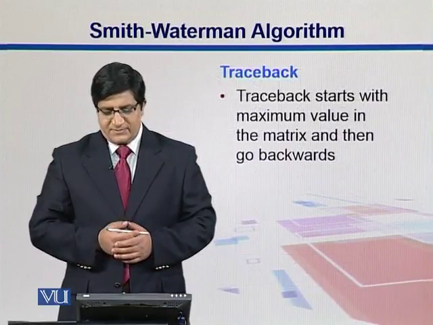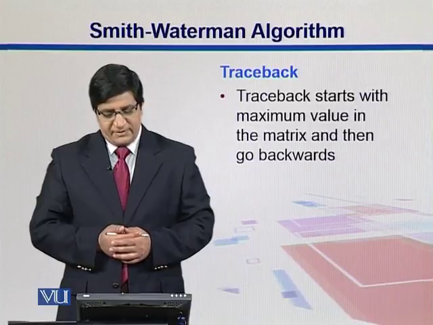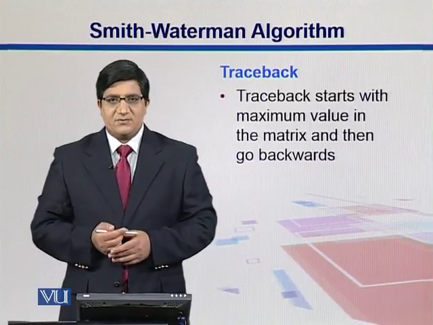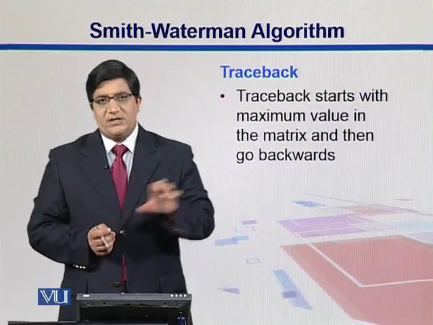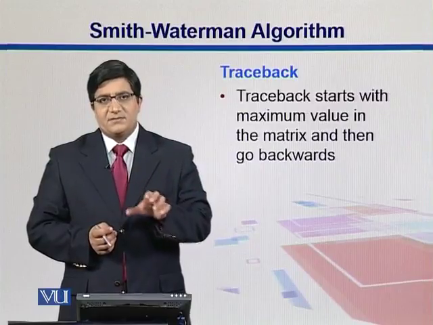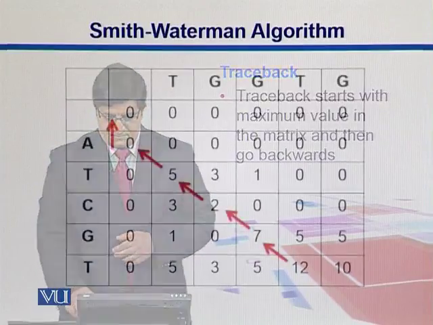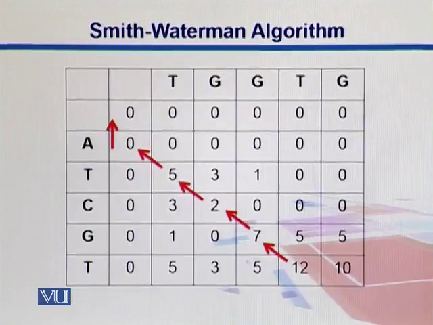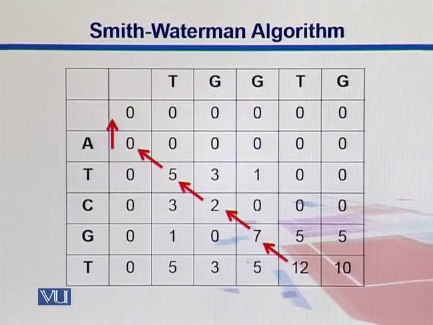Here the traceback starts from the maximum value in the matrix, and then we move backwards. In this way we will have some local section that has been aligned. The traceback starts from this value, which is 12, and we have those pointers telling us where those scores are coming from, so we can put them together.